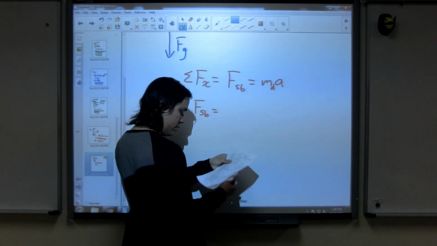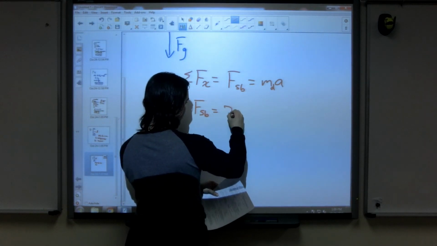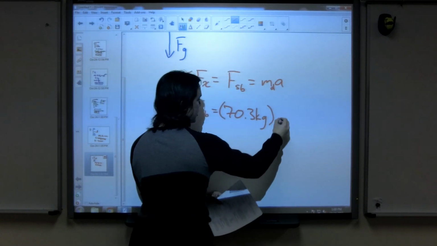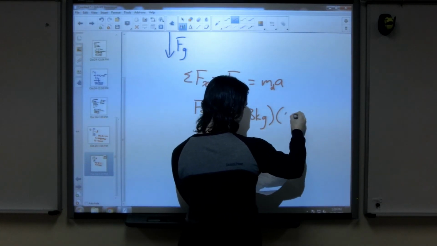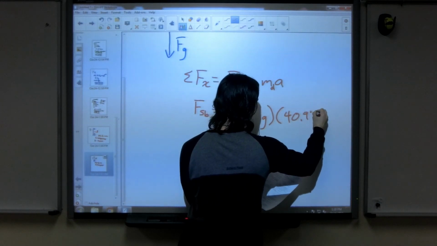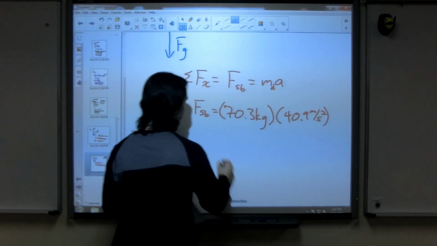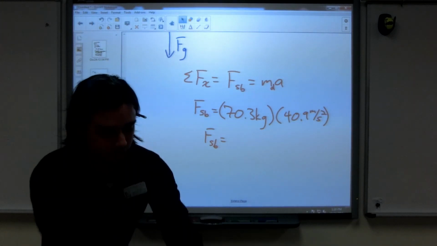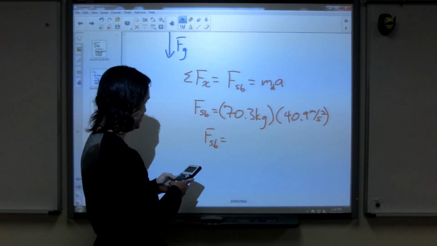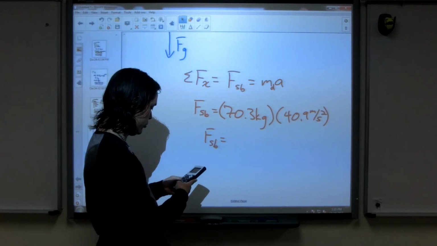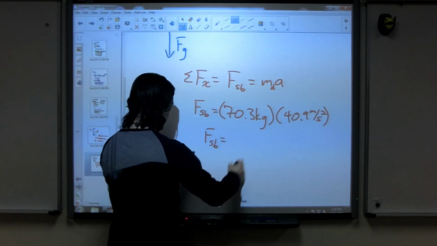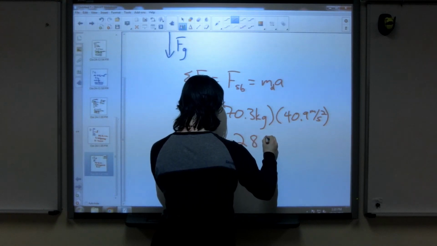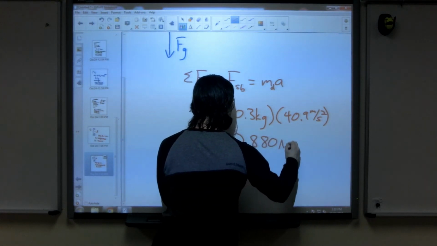so the force of the seat back is going to be equal to the mass of the driver, which is 70.3 kilograms, times the acceleration of the driver, which is the same as the vehicle, so that's 40.9 meters per second squared. Multiply those out, 70.3 times 40.9, and we end up with 2,880 newtons.